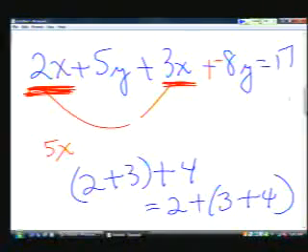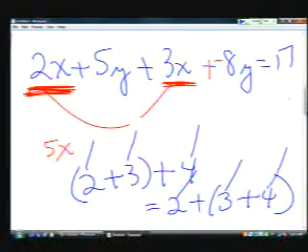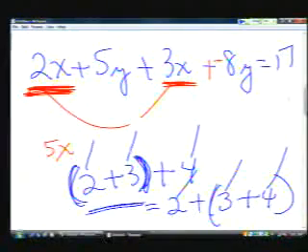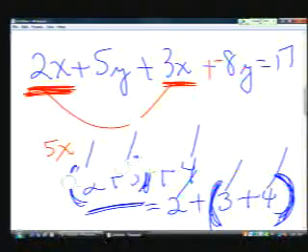Now you notice on the associative property, the order does not change. 2, 3, 4, 2, 3, 4, but our grouping does change. So we're associating the 2 and the 3 first over here, then we're associating the 3 and the 4 first over here. So that's the associative property. All right? Those are some terms that you do need to know.